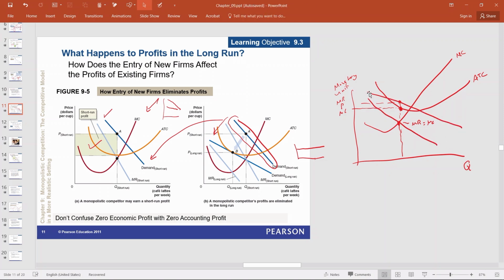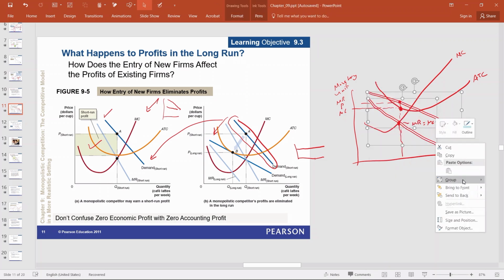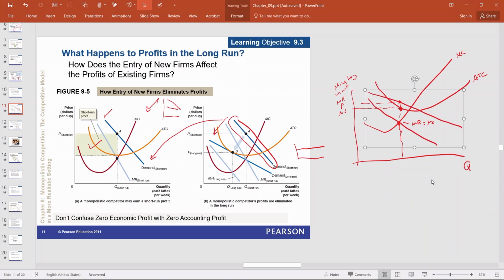I want to take this curve and also this curve and group them. And then I rotate, and I will make them flatten. So when I make them flatten, as you see, I'll make them flatten, and then because it will operate in the long run, the curve will flatten.